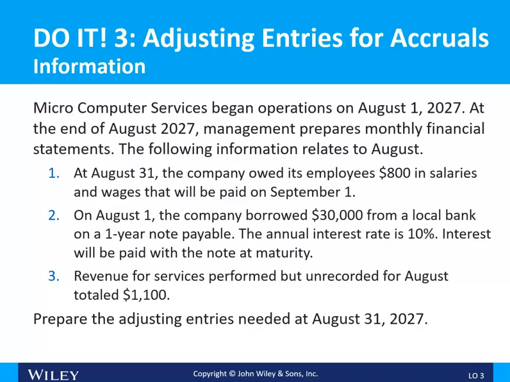August 1st, the company borrowed $30,000 from a local bank on a one-year note payable. The annual interest rate is 10%. Interest will be paid with the note at maturity. Revenue for services performed but unrecorded for August totaled $1,100. We need to prepare the adjusting entries needed at August 31st, 2027.